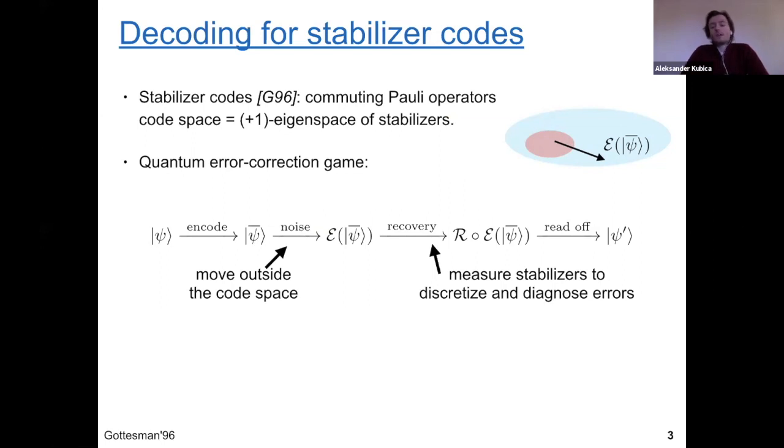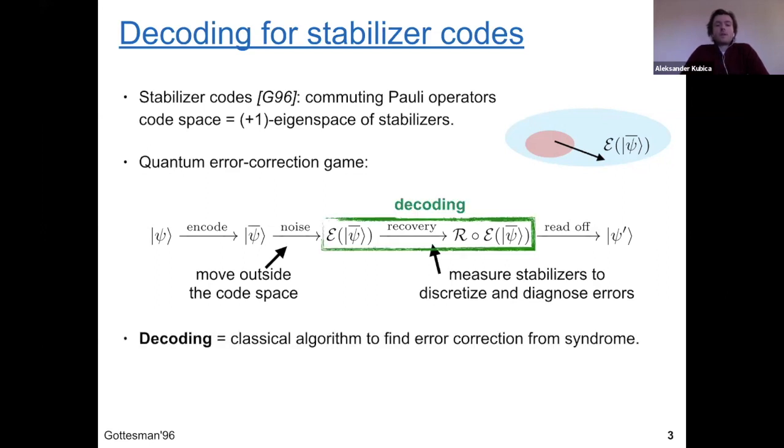And if the logical information after the whole process is the same as the initial logical information, we succeeded in protecting quantum information. The middle step of this process, I would refer to as decoding. In other words, decoding is the classical algorithm to find error correction from the observed syndrome.